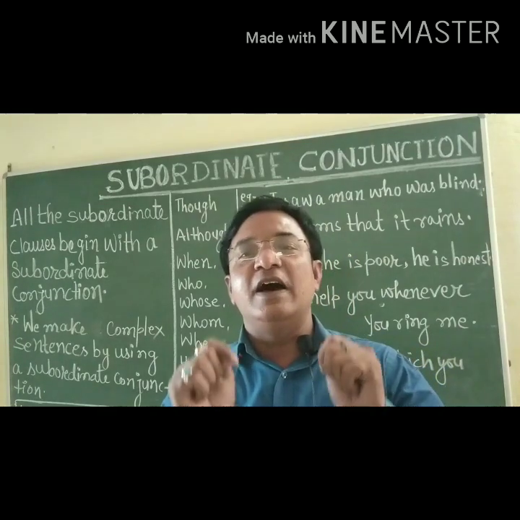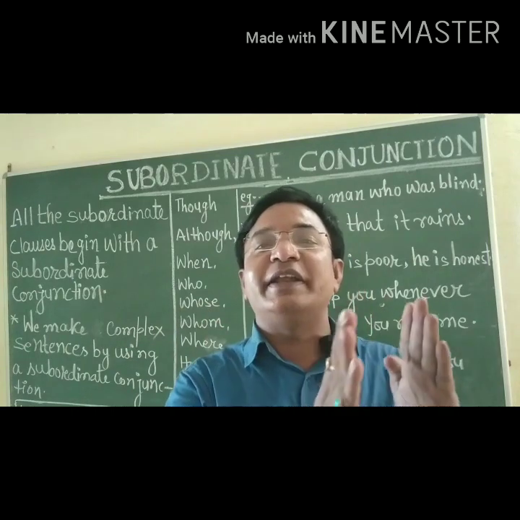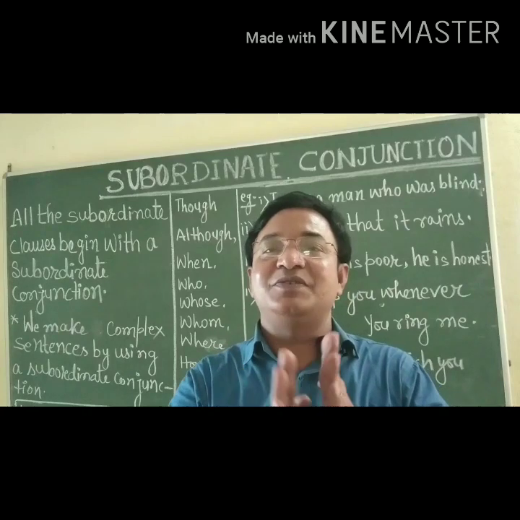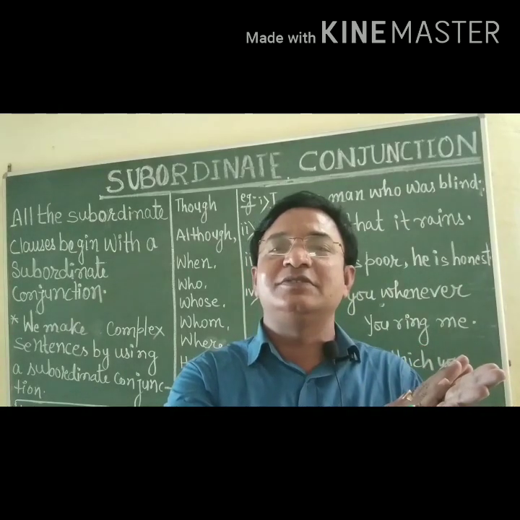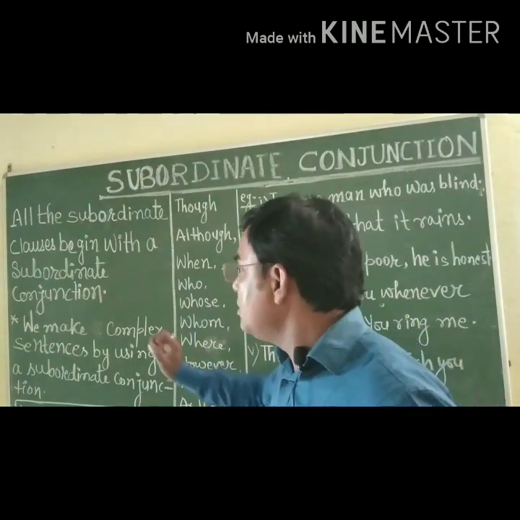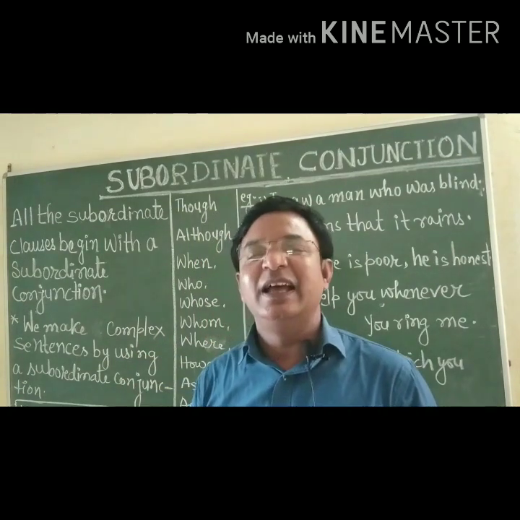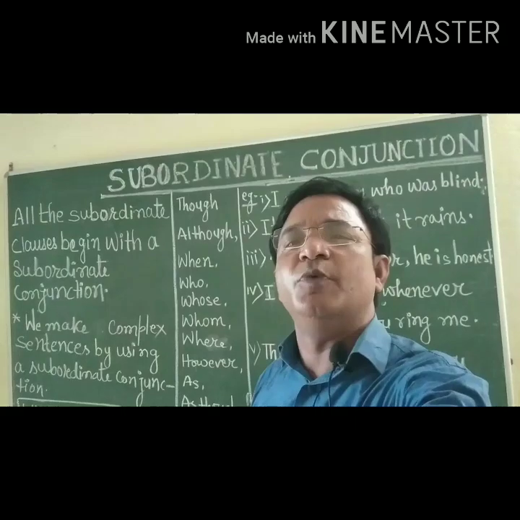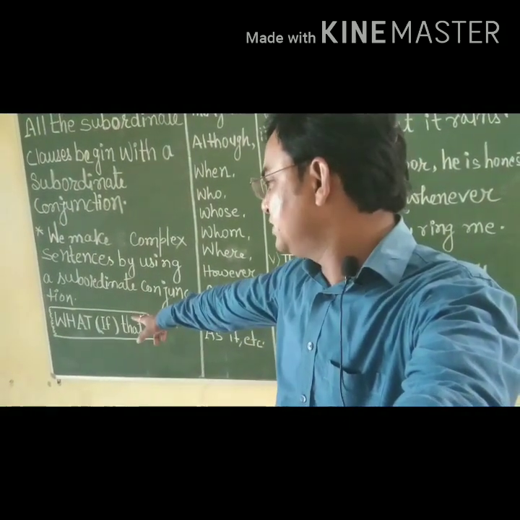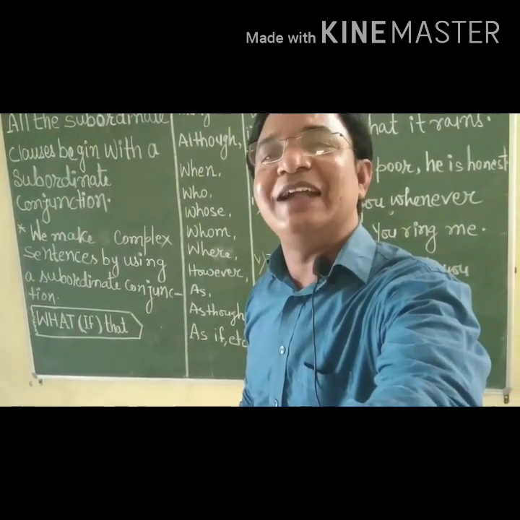So, this is our foremost purpose to learn all the subordinate conjunctions, so that we could separate an independent clause and a dependent clause. So, we make complex sentences by using a subordinate conjunction. And here, in the last, you are watching a trick. This is your trick. What if that is your trick?